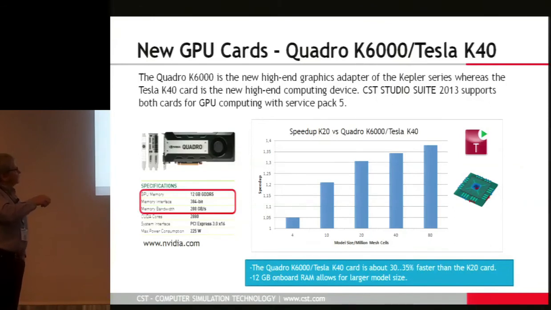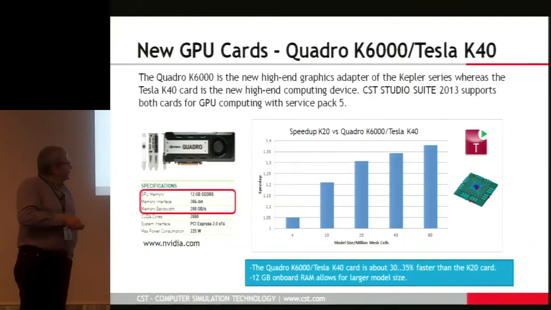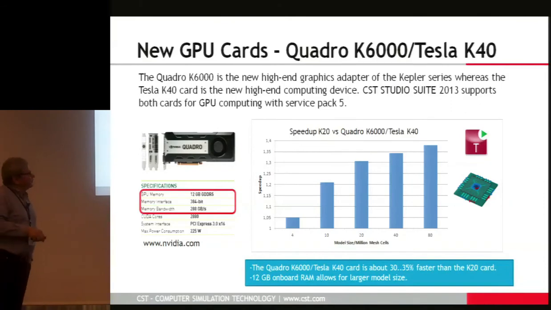The K40 has double the memory and also gives you PCI Express 3 instead of PCI Express 2 with a K20, and you see here with an increasing number of mesh cells, you get a higher speed up with a K40 instead of the K20, so 1.37 or something like this, in this case with the largest model here.